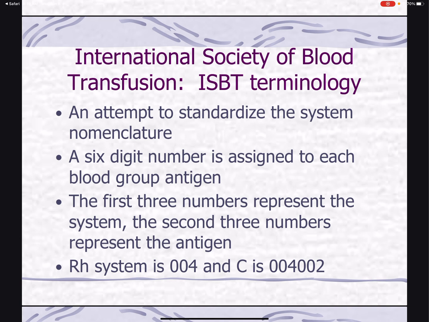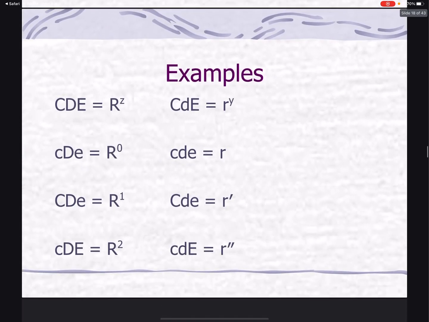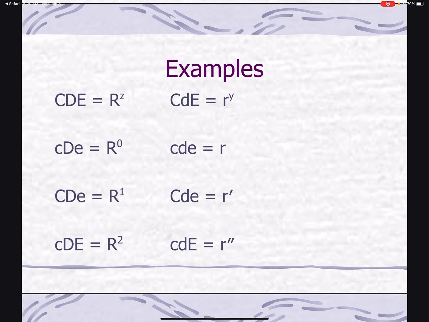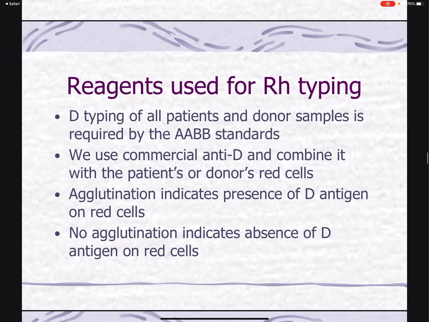So the ISBT code for big C is 004002. Don't ask me. It's not that big of a deal. This is a good example to follow on how to code between the two. Again, I will give you a worksheet and a key.